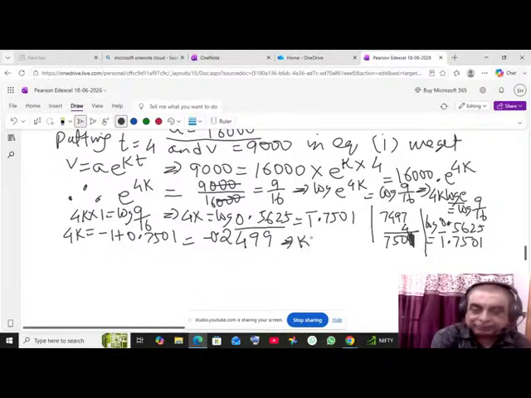So what is the value of k? The k value becomes minus 0.2499 divided by 4.